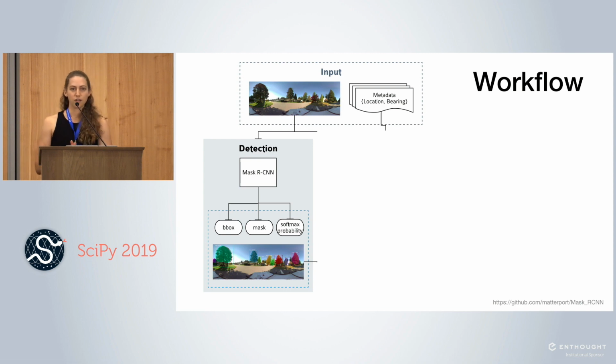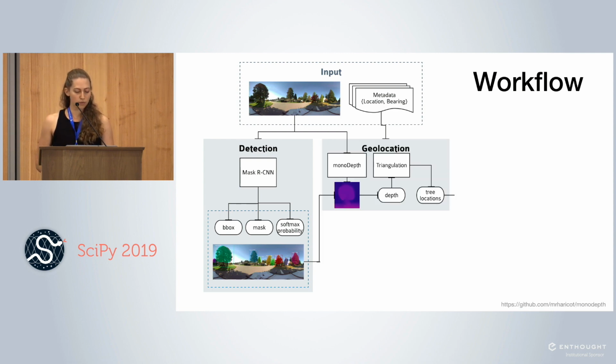So for our tree detection module, we chose a model called Mask R-CNN, which can be found implemented by, I think, Matterport on GitHub. It's a state-of-the-art instance segmentation model. That means if we input our street-level image, we return a bounding box around every detected tree, a mask around every detected tree, and a softmax probability of how certain the model is that this is a tree.